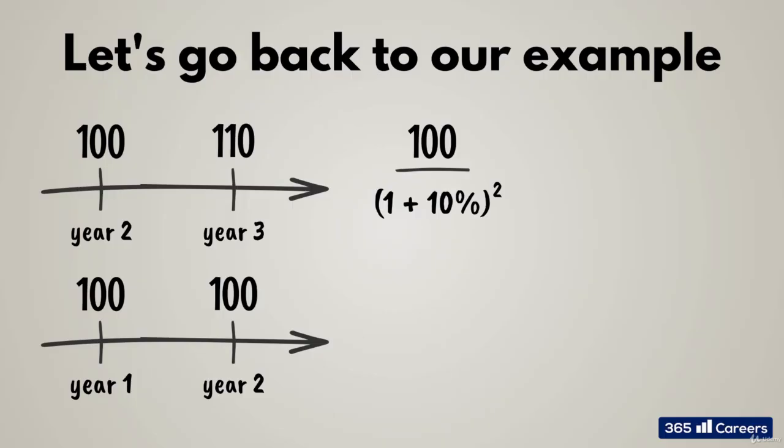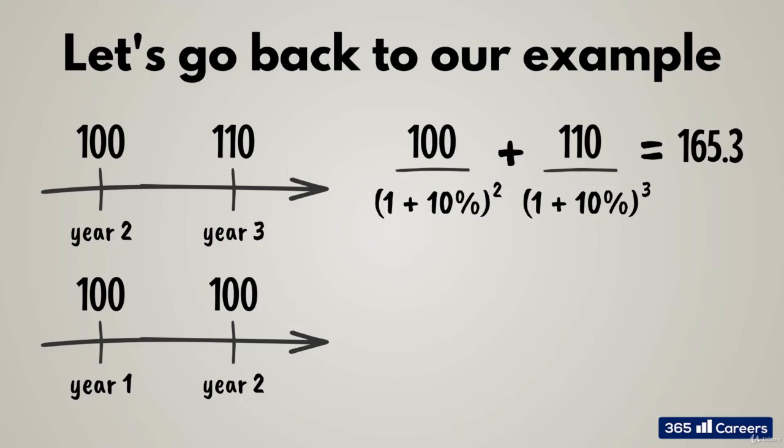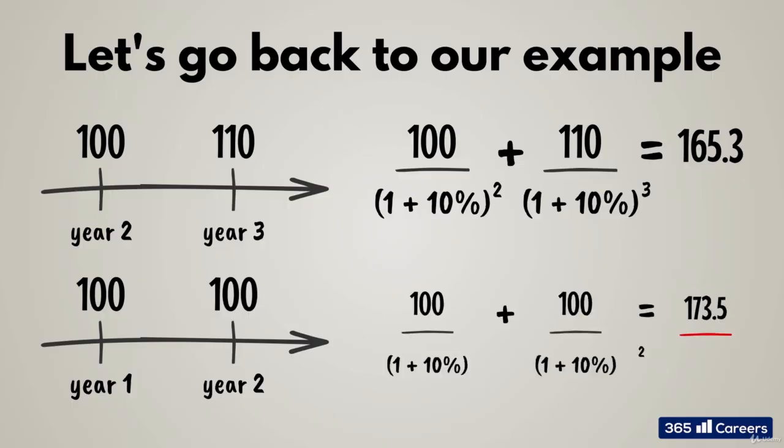We will have 100 divided by 1 plus 10% to the second degree. We are elevating to the second degree because the cash flow is 2 years from now. Then we will have 110 divided by 1 plus 10% to the third degree, because this is a cash flow in year 3. The present value we will obtain from this equation is 165.3. It's much lower than the simple sum of 100 and 110.